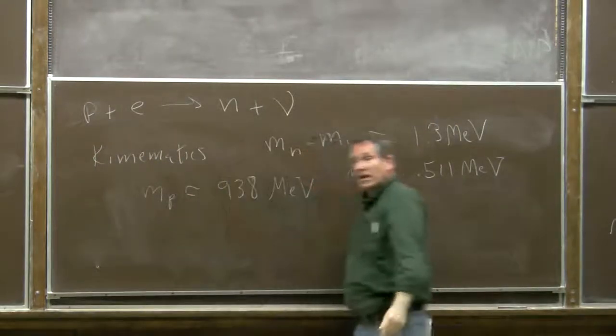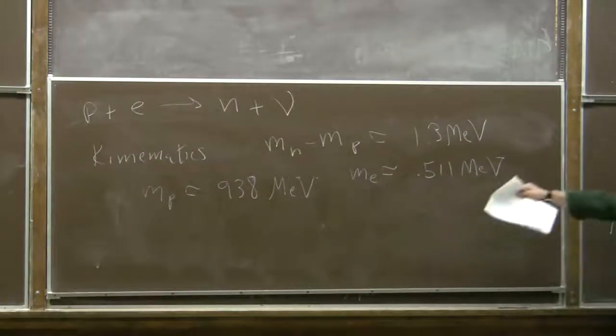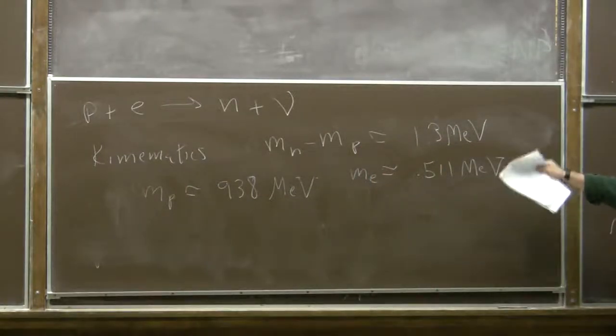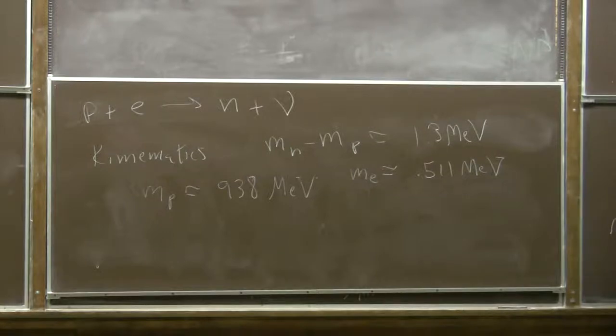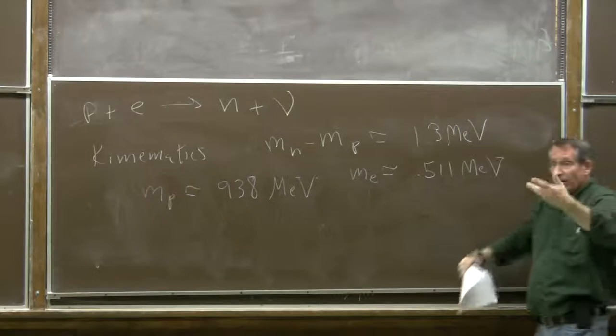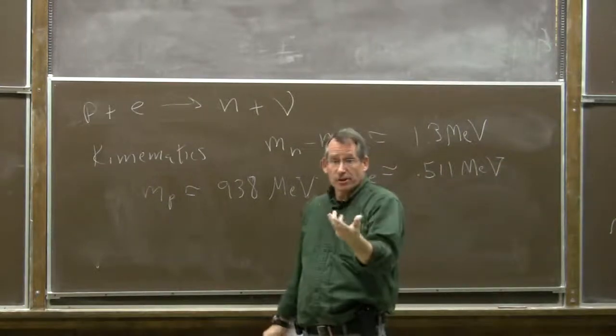Okay, so why can it happen in this very dense star? It doesn't happen in ordinary hydrogen here on Earth. Electrons have a lot of energy. Well, the point is that once we have this highly degenerate electron gas, the electrons have a huge amount of kinetic energy when they're in the gas, right?